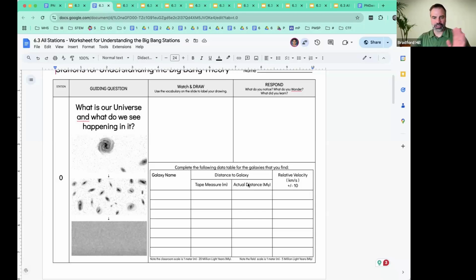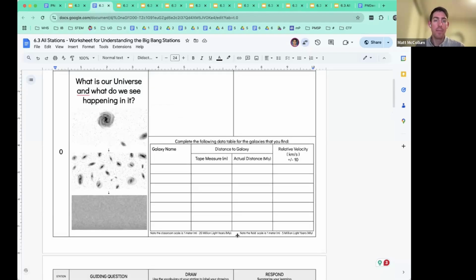If you're wondering why do this, it really is just for the joy and fun of getting out tape measures to make it more interactive. You can see at the bottom, it's hard to see, it says the scale: 1 meter is 5 million light years. They do the tape measure part, and then they calculate the actual distance.